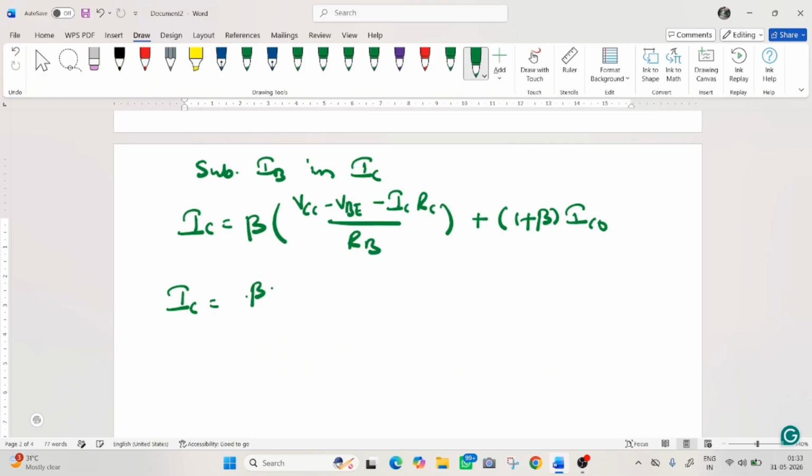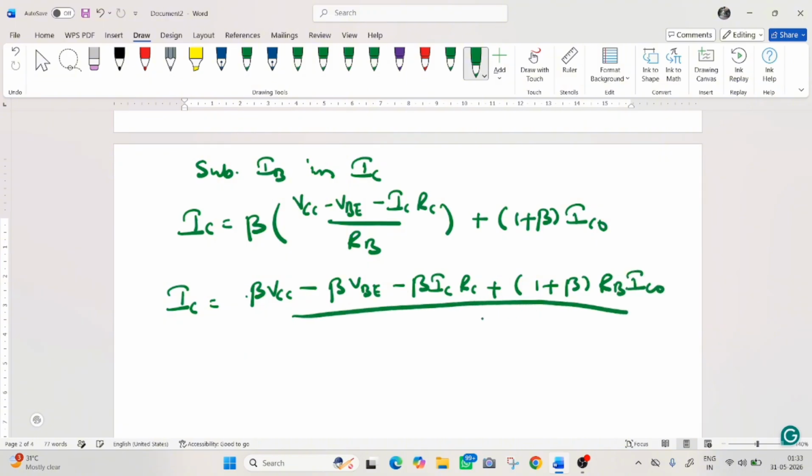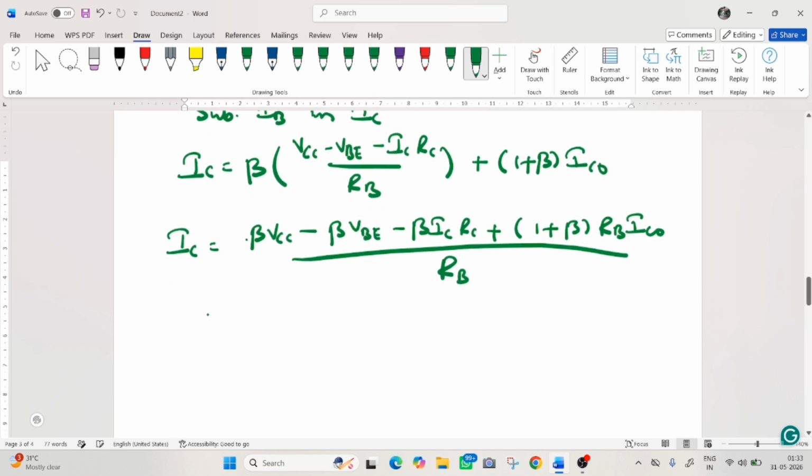Here beta times VCC minus beta times VBE minus beta times IC RC plus (1 plus beta) times RB ICO. I'm taking the whole denominator as RB here.